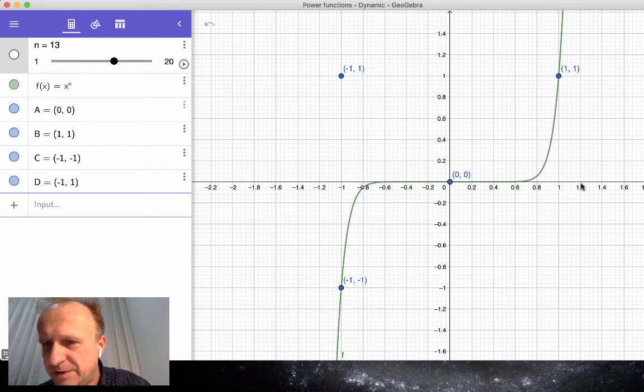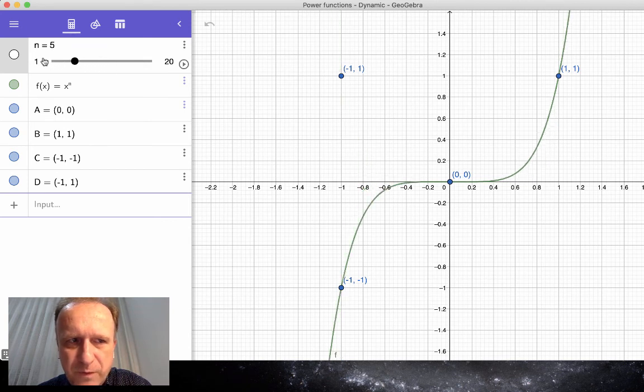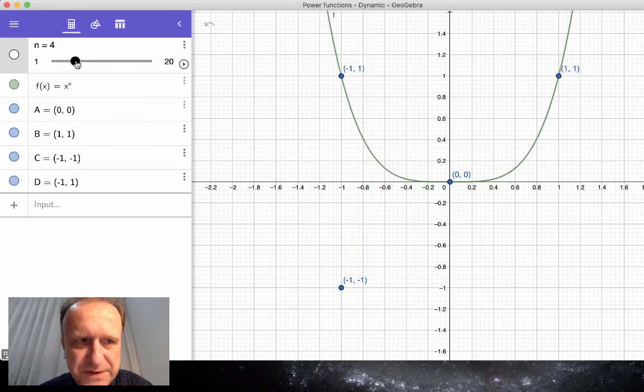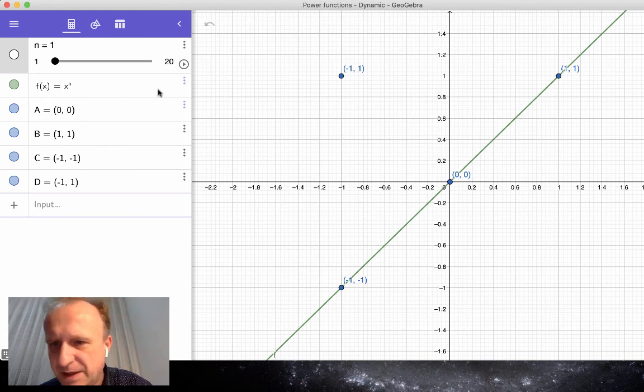So imagine you take the point 1.2 and take the power of 1. Let me move this slider to 1, like this. So at 1.2, you have the function value of 1.2 to the power of 1, which is 1.2. Now, when you take 1.2 to the power of 2, you have to multiply 1.2 times 1.2. So you have to take 120% of it.